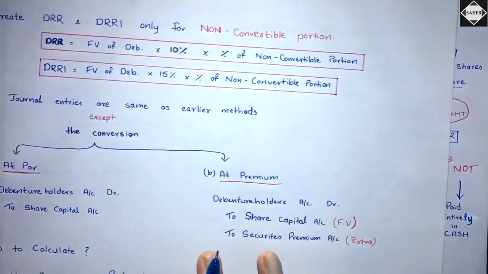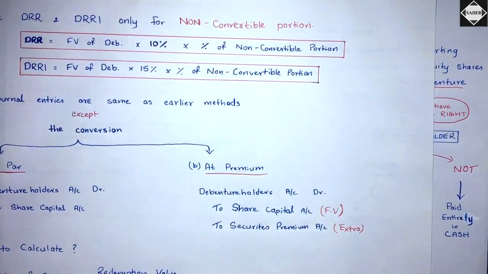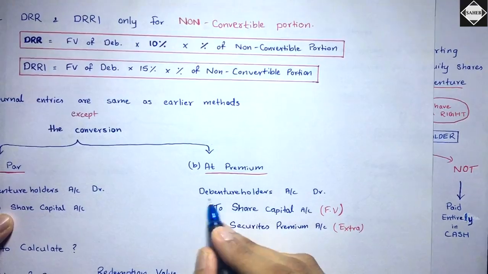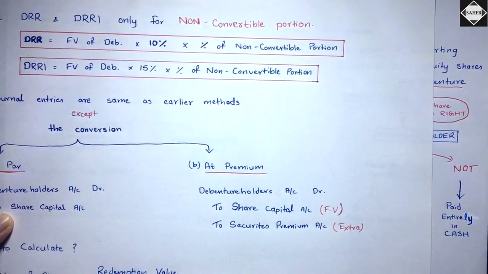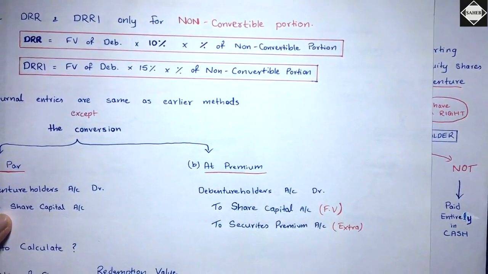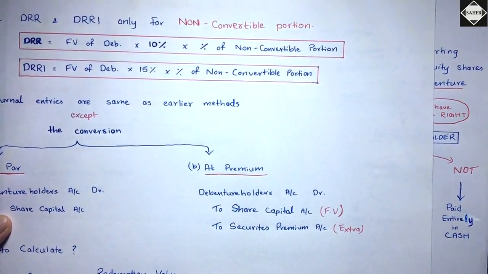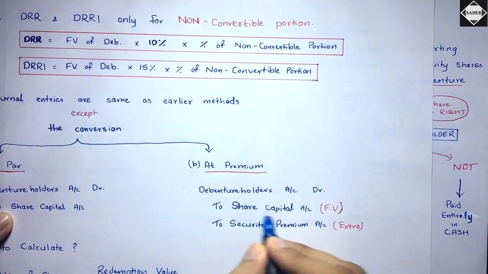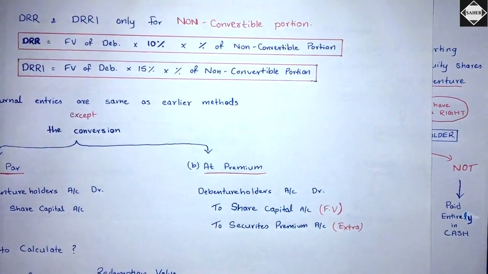And then if the conversion is happening at premium, more than the face value, then what you have to do: debenture holders account debit, same, cancel the personal liability which you created at the due entry, and then create the share capital. New shares are being issued to those debenture holders, so to share capital account, face value, and then whatever extra is there.